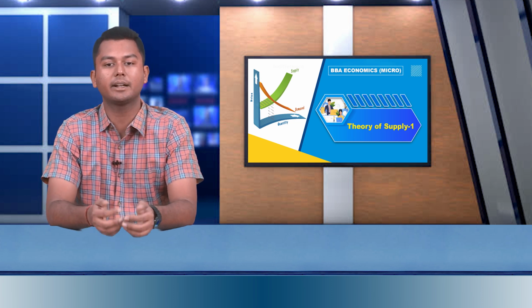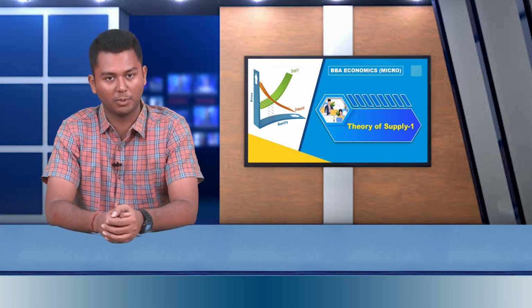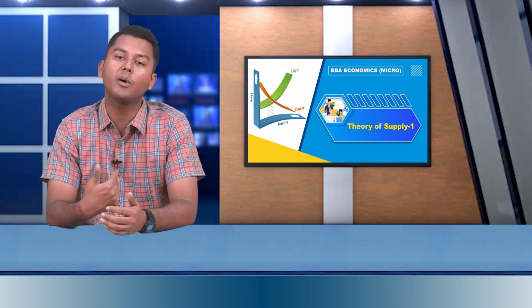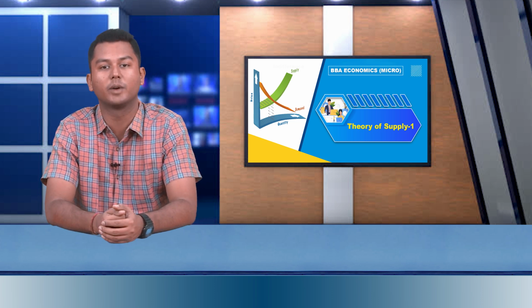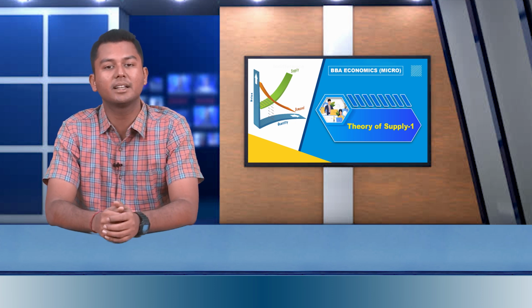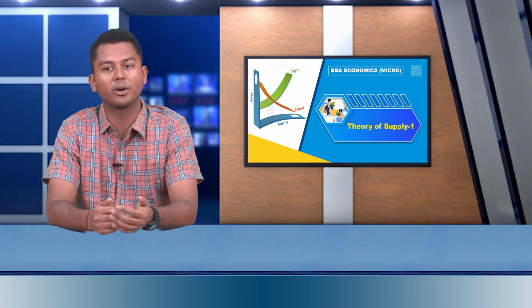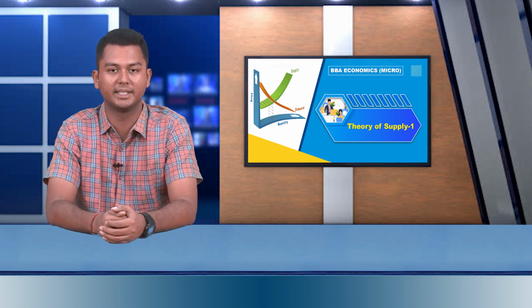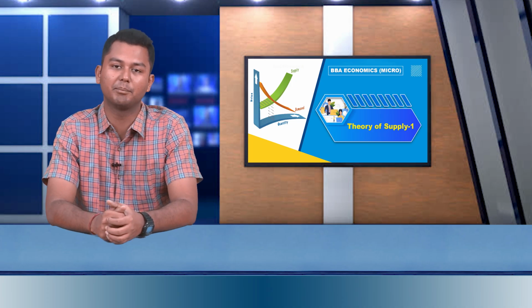It helps predict how competitors might respond to market changes and how industry supply might evolve over time. For entrepreneurs and business students, supply theory provides essential tools for evaluating business opportunities, understanding industry dynamics, and developing competitive strategies.